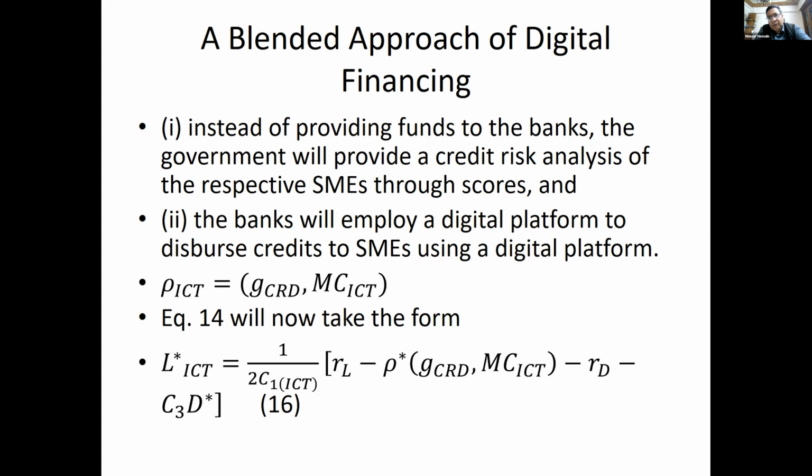One problem it can solve is the introduction of the CRD, credit risk database, and another innovation is that the bank will now transfer money based on CRD through an ICT-based digital financing process. So if digital finance approaches are maintained properly and successfully, it is possible that this model could be better than the previous existing one.